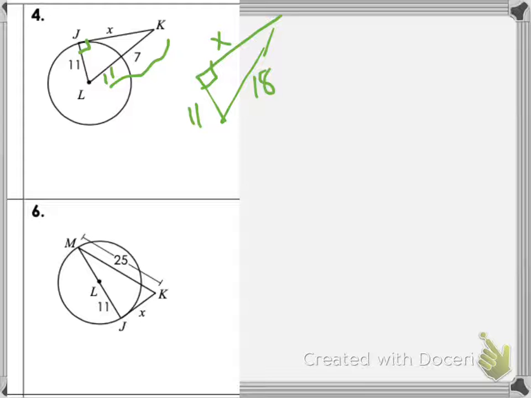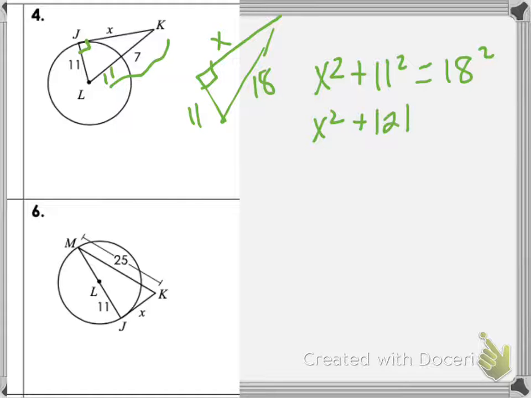So I'm going to use the Pythagorean theorem. Leg squared plus leg squared is hypotenuse squared. 18 squared is 324.